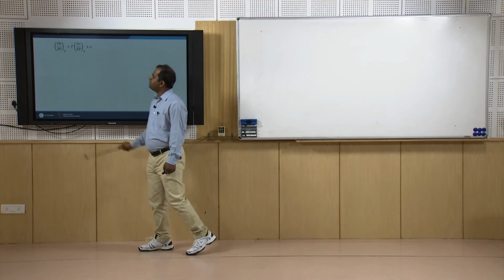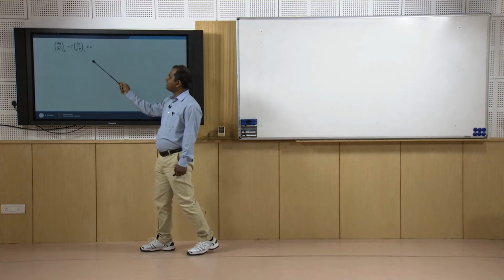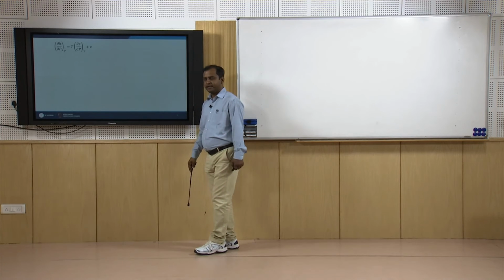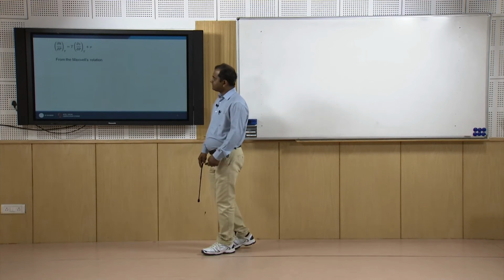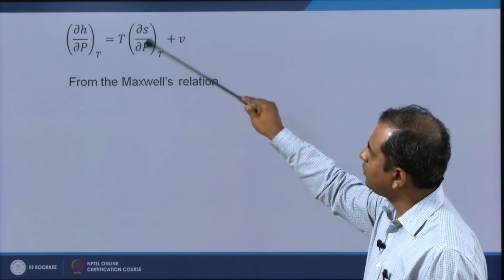Okay. So, del H/del P at constant T is equal to T into del S/del P at constant T plus V, right. Next, once again try to use Maxwell's relation and convert this term into some other form.